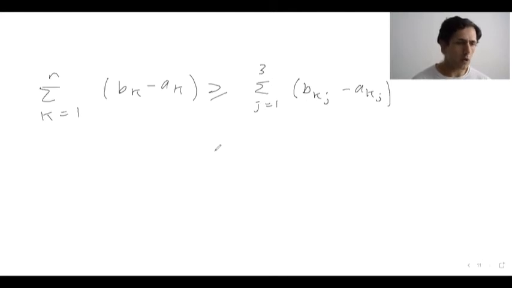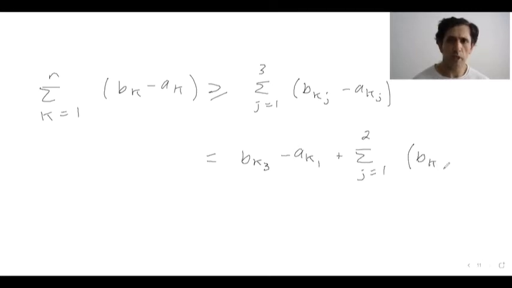Okay, so let's write this out in the following way, and I'm going to do it this way to give you a little hint when doing the homework. So it's the sum from j equals 1 to 2 of BKj minus AKj plus 1.